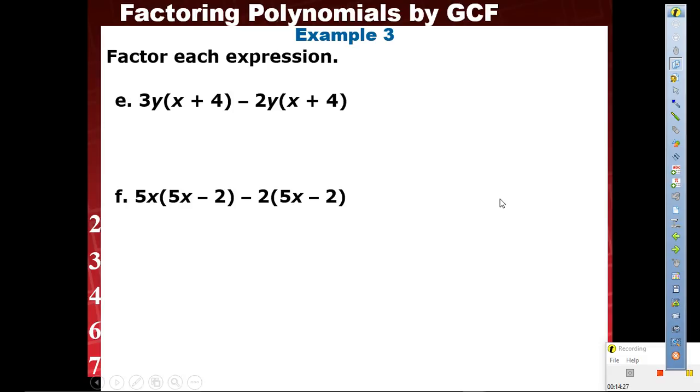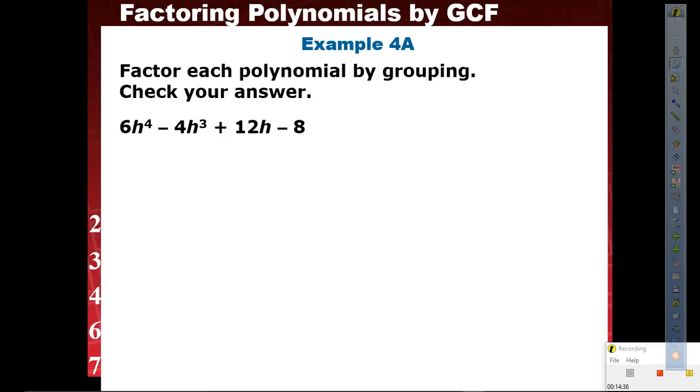Copy this one. Example 4A. It says factor each polynomial by grouping. Check your answer. 6h to the 4th minus 4h to the 3rd plus 12h minus 8. Just copy it.